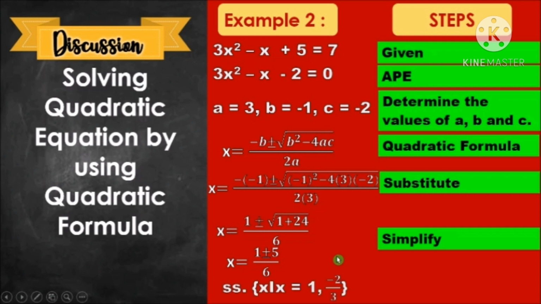To find the final answers, we have 1 plus 5, that is 6, divided by 6, so meron tayong 1. 1 minus 5, that is negative 4, divided by 6, get the lowest term of negative 4 over 6. Ang magiging final answer for that is negative 2 over 3. And the answer for the problem is the solution set x such that x is equal to 1 and negative 2 over 3.